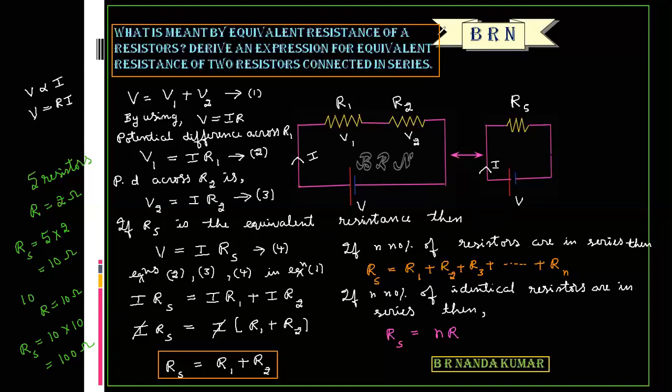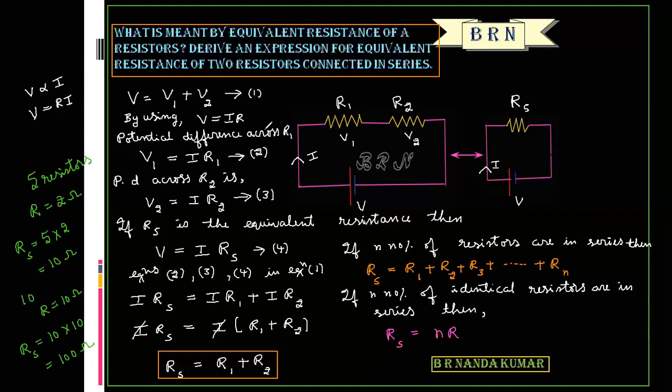Resistors are said to be in series if they are connected end to end. Then the current flowing through each resistor is the same. The potential difference across each resistor is different, and the net potential difference across the series combination is equal to the sum of potential differences across the individual resistors.